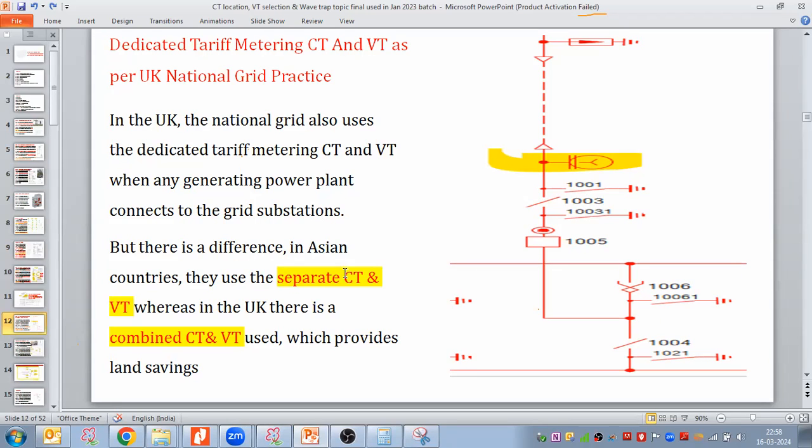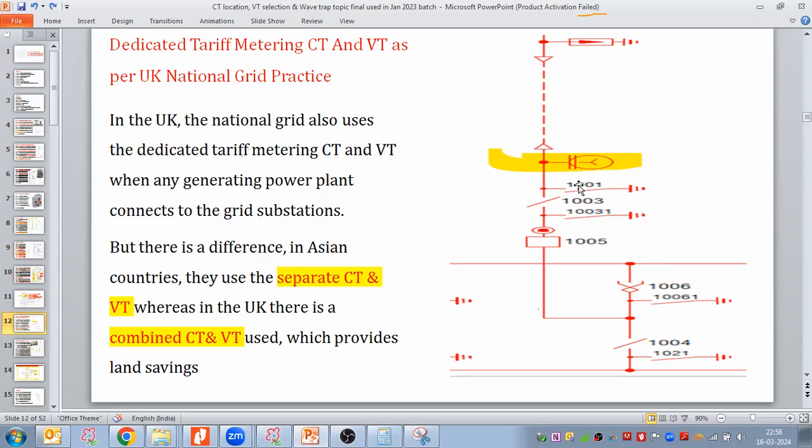But there is a difference from Asian countries. They use separate CT and VT, whereas in the UK they use a combined CT and VT, which provides land savings in the substations. They can save the land of the substation area, and they go with the CT-VT.